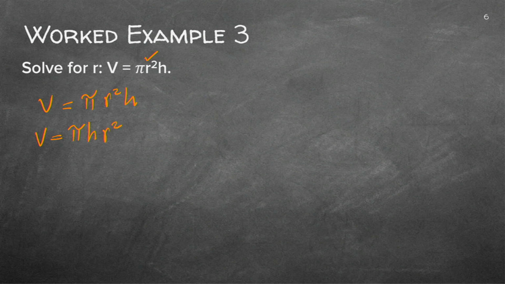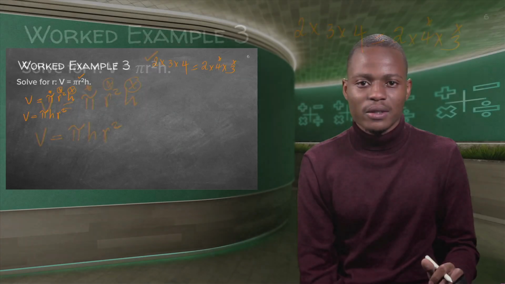I just interchanged the positions of these two values, so it's still the same thing. It's more like I've said 2 times 3 times 4, and I simply wrote this as 2 times 4 times 3. I just changed the position of these two things and they'll still give me the same answer.